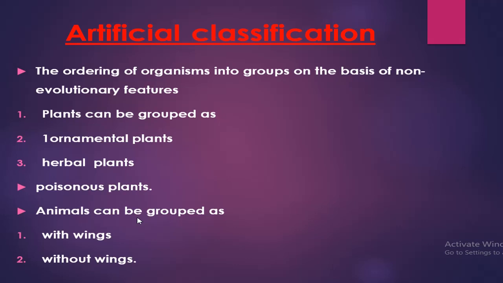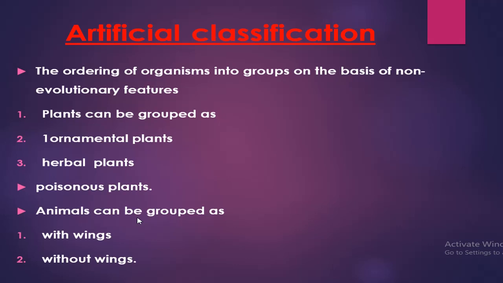Right, now we have already learned about artificial classification. In artificial classification, non-evolutionary features are used to classify organisms.